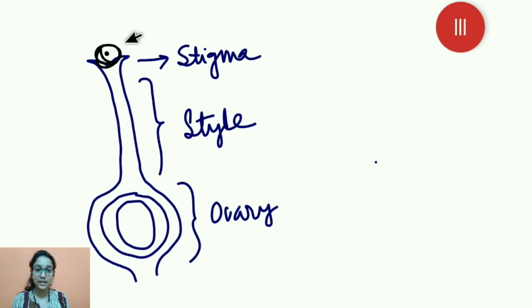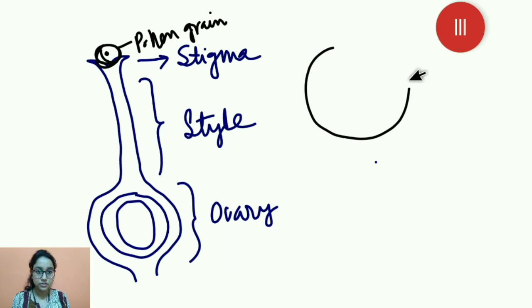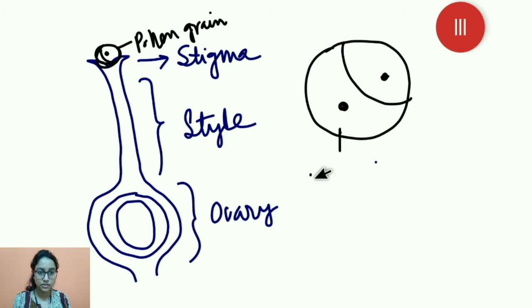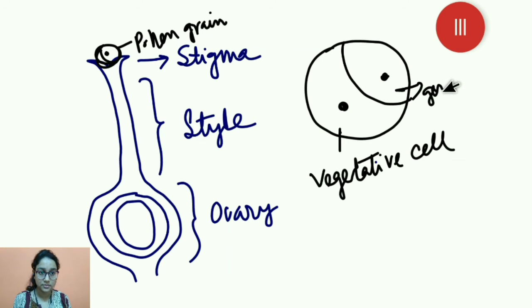At the point of landing, the pollen grain is in the 2-cell stage. Let us draw the structure of a pollen grain when it has landed on the stigma. This is the 2-cell stage. The larger one is known as the vegetative cell, and the smaller one is known as the generative cell.